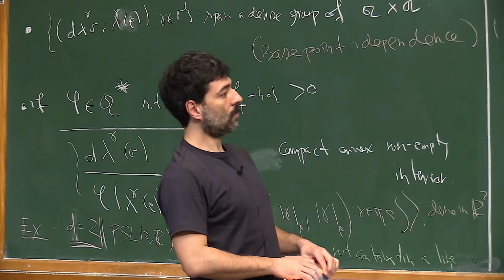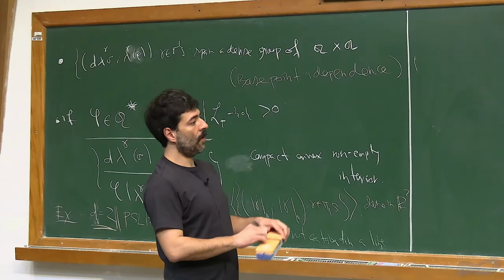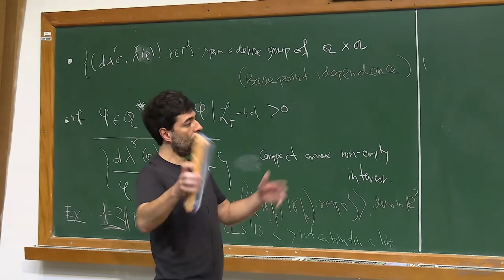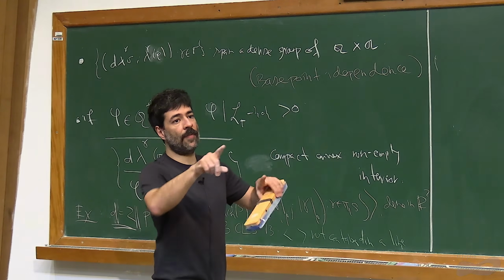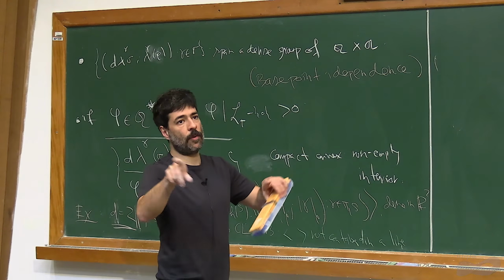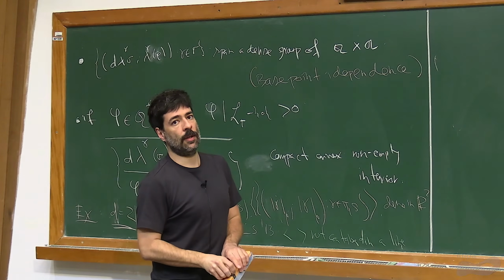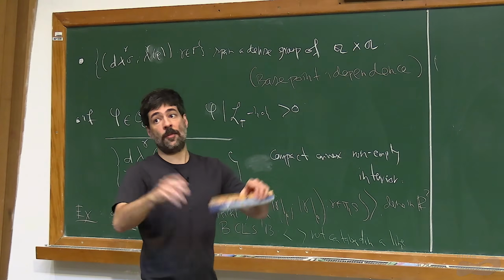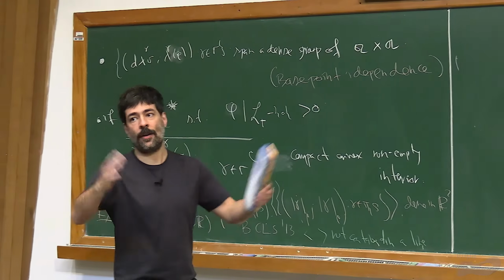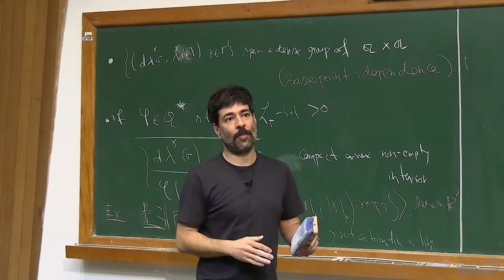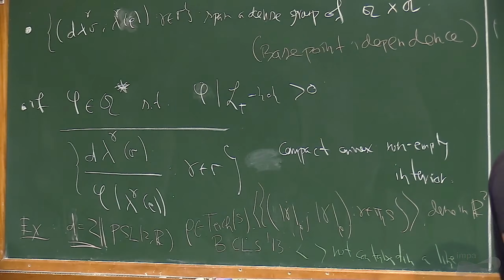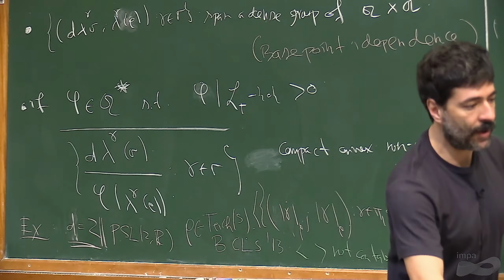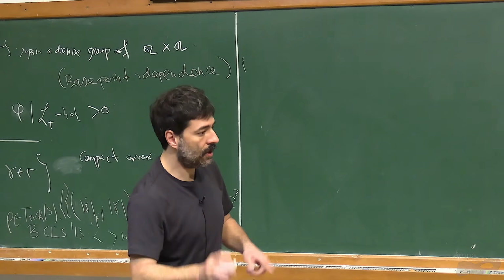And so now you can consider not only one hyperbolic surface, but many that are different, and different vectors tangent to each of these hyperbolic surfaces. And all the variations that you're going to get, they're going to span a dense group of R to the number of surfaces you picked times 2. So there's not going to be any relation between all the variations of length for these different metrics.